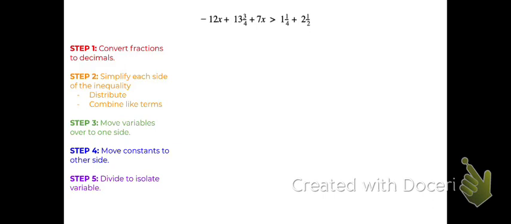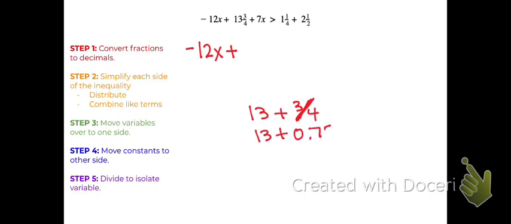So with this problem, I have some fractions in there, so what I'm going to do is first change all those fractions to decimals. So I still have my negative 12x, but my 13 3/4, that is the same as 13 plus 3/4. And what is 3/4? 3/4 is the same as 3 divided by 4. If I put that in my calculator, I'll see that 3/4 is 0.75.